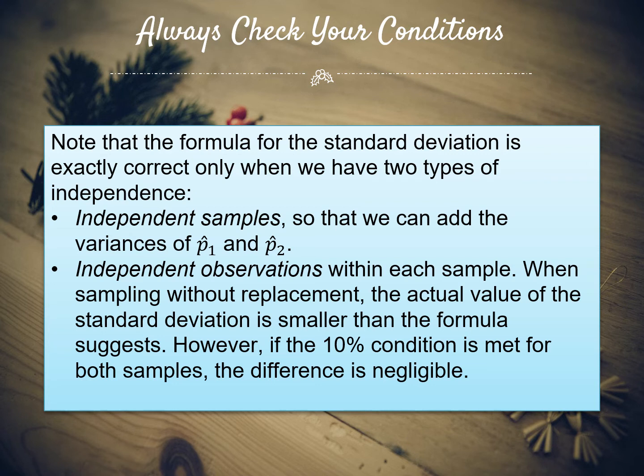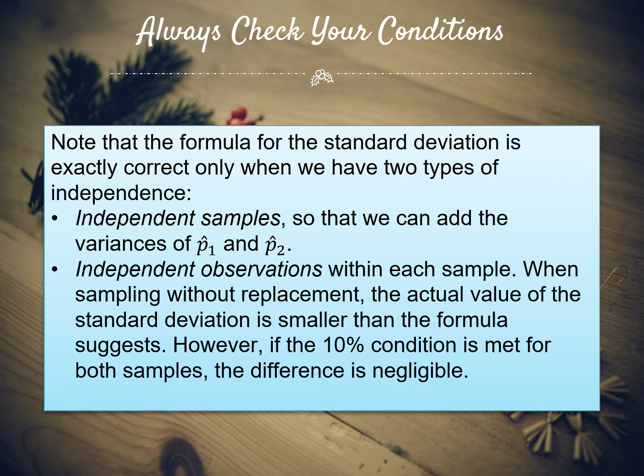But that formula for standard deviation that we just looked at, that hellaciously long thing, is exactly correct only when we have two types of independence. We need completely independent samples so that we can add the variances. If they're not independent, the proportions are all going to change.